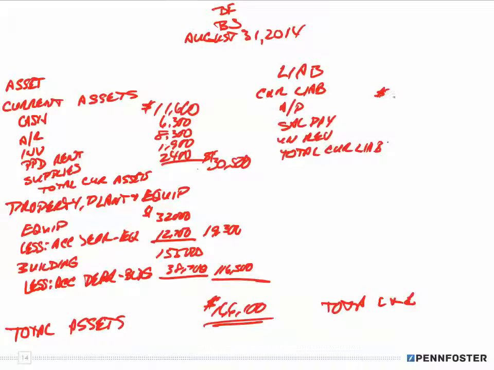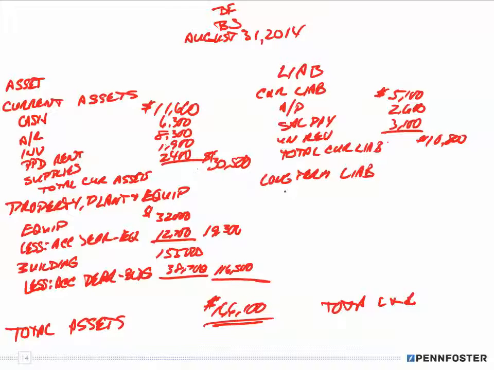So I have 5,100 here. I have 2,600 here. And I have 3,100, which gives me my total current liabilities of 10,800. And then I have my long-term liabilities here.